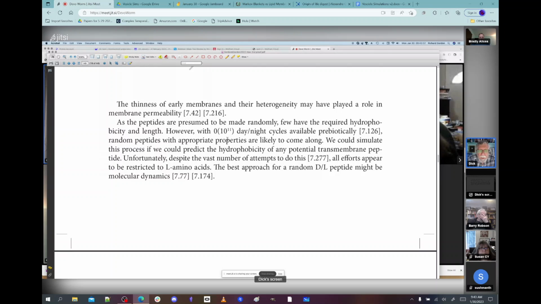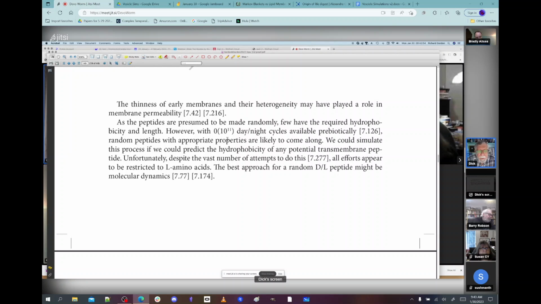And there's lots of evidence, paleontological evidence, that the day was shorter. I think the paleontology evidence goes down to 18 hours. But the calculation from the formation of the Earth is somewhere between 2 and 6 hours for a day-night cycle.